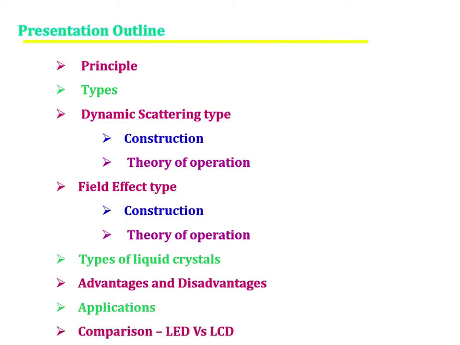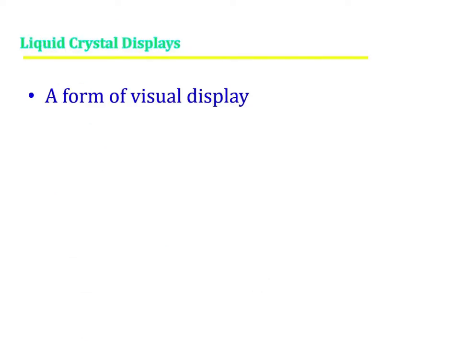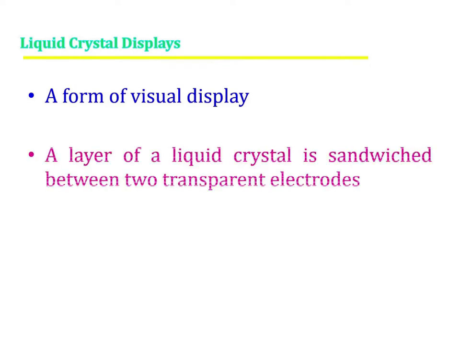between LED and LCD. Liquid crystal is a form of visual display in electronic devices which consists of a layer of liquid crystals sandwiched between two transparent electrodes. LCDs do not generate light energy but simply alter or control existing light to make selected areas appear bright or dark.